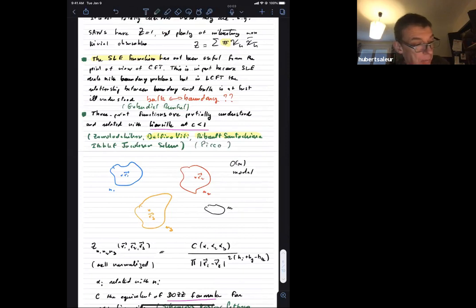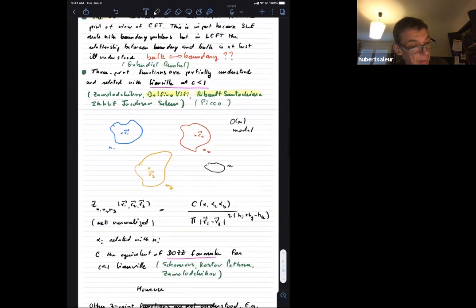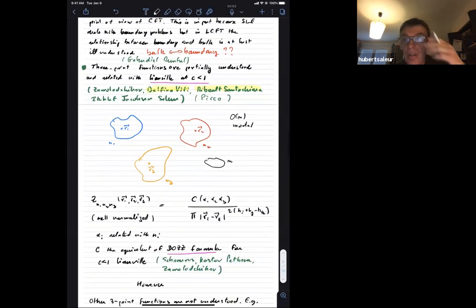Inspired by remarks of Alyosha Zamolodchikov in some of his papers about the potential relationship with Liouville. So the statement can be formulated in various ways. We don't know everything, and the thing we know has been understood best, I think, in a paper we wrote with Jesper and Yassin, and it's the following.